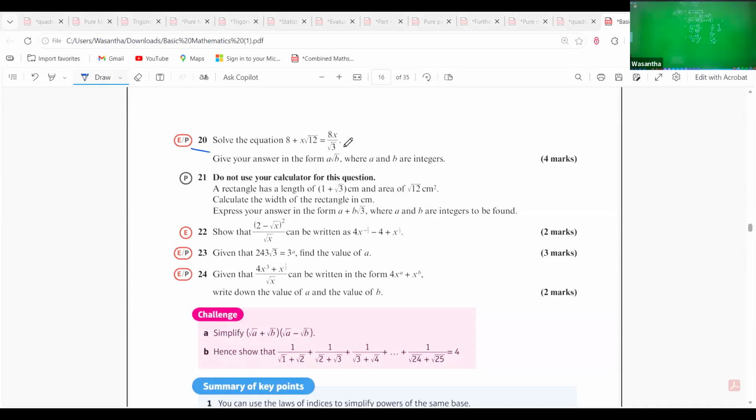Solve this equation, you have to solve for x. Actually, this 20th is a challenge, a nice question.